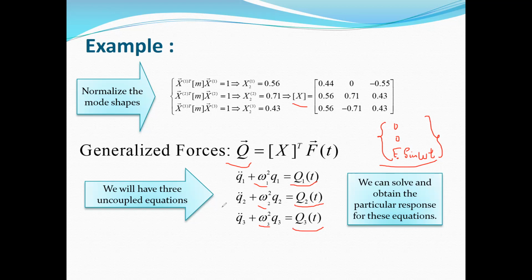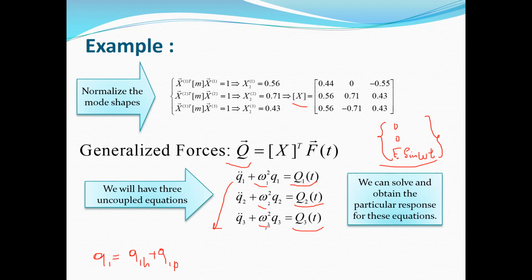We can solve these three equations easily. For example, for the first equation, you will have a non-homogeneous term. You can obtain q1, which is equal to q1h, the homogeneous response, plus q1p, the particular response. The homogeneous response can be obtained from the characteristic equations.